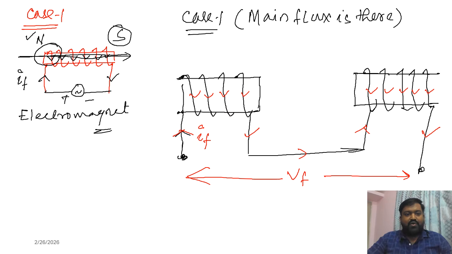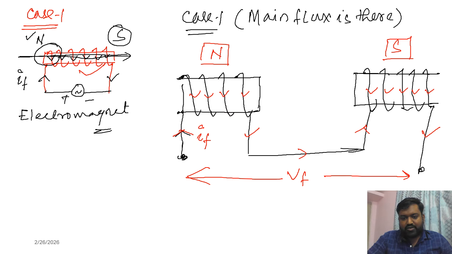Okay, now as per this concept, what will happen? Your current is going inside, that means it will behave as a north. Now here you just see the current is entering, that means the current is coming outside here. That is nothing but it will behave as a south pole.